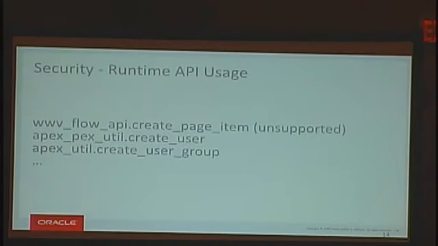Actually, the first API and all those in the WWV_FLOW_API package are not supported by Oracle, but we do know that customers have created applications to generate their own applications based on whatever. So that's used by a few customers.